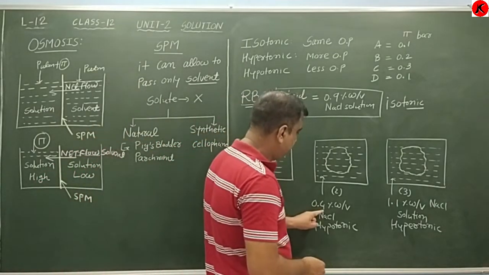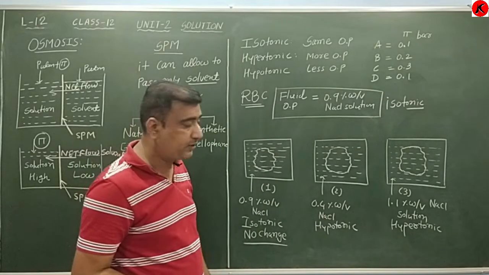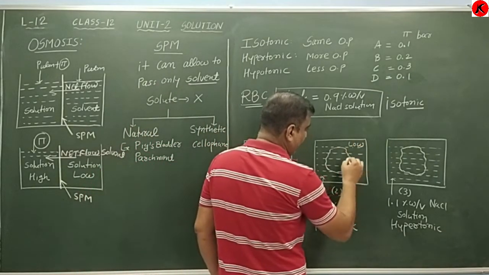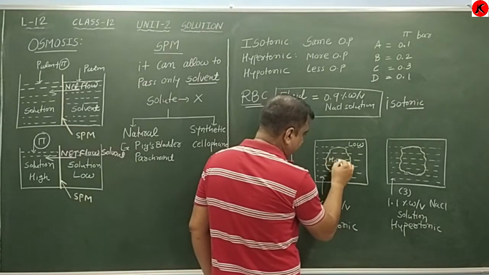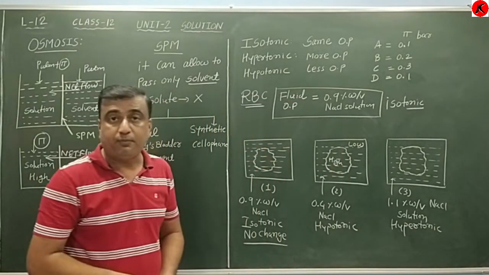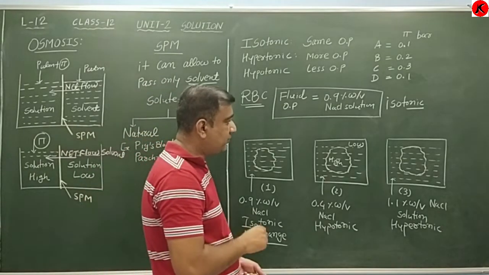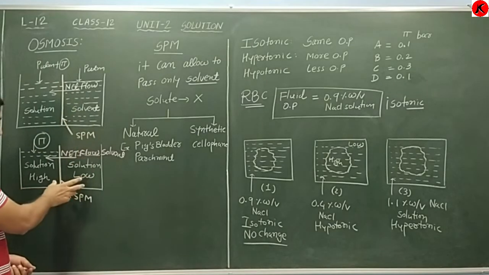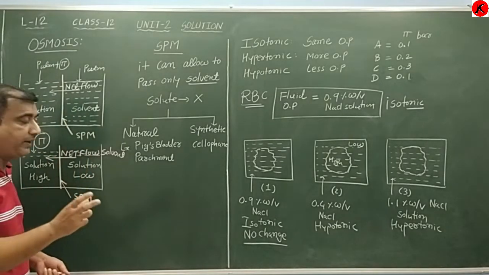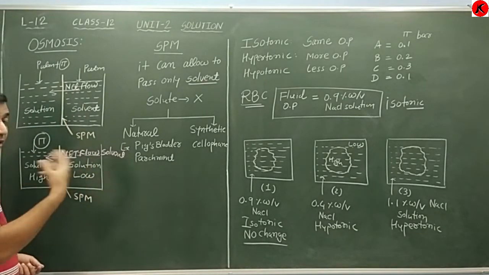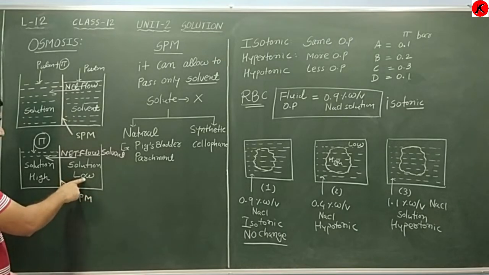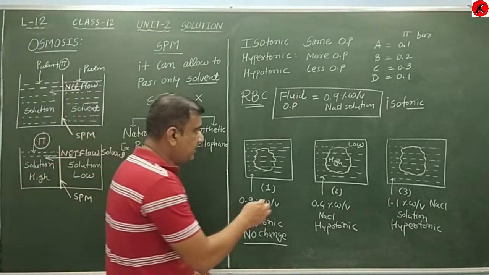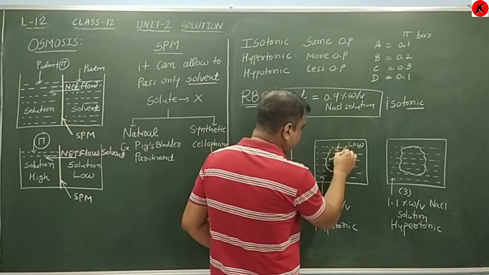Now here in a hypotonic solution concentration is low, while the RBC fluid inside has higher concentration. We know as per definition osmosis is the flow of solvent molecules from the solution having low concentration to high concentration. That means flow will be like this.